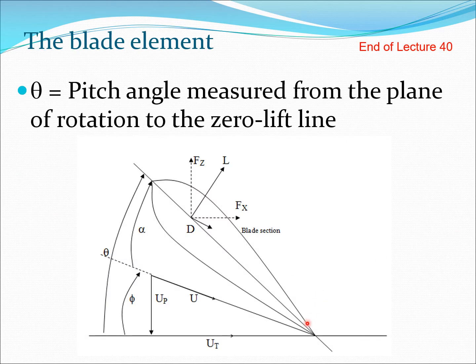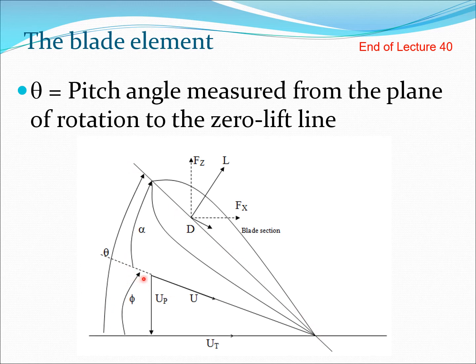So finally, I'm going to give you the main diagram which is going to guide our discussion on BET. You have the airfoil section, located at some distance r from the center of the rotor disc. At this section you have this angle theta, which is the pitch, measured from the plane of rotation to the zero lift line of the airfoil section.